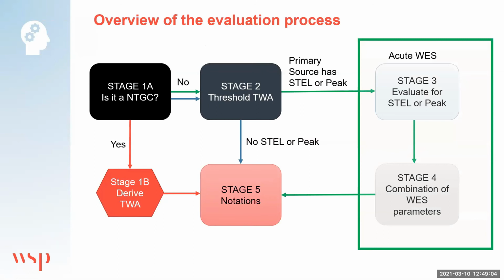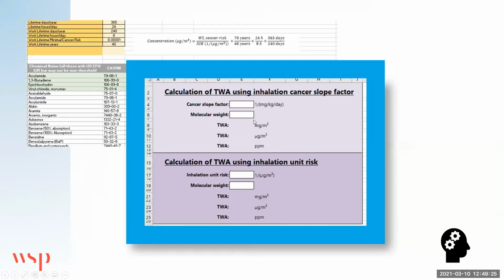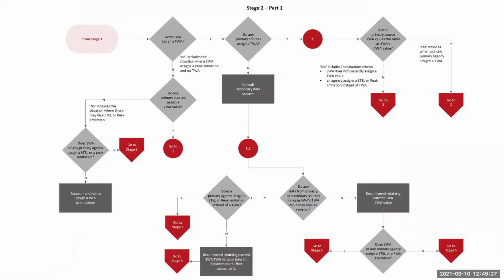That's pretty complex, so I can't cover that today, but maybe at another point. So now we're going to move along. Say the chemical in question that we're evaluating is not a carcinogen or non-threshold based genotoxic carcinogen. We're going to look at stage 2 now, and we've gone backwards there.